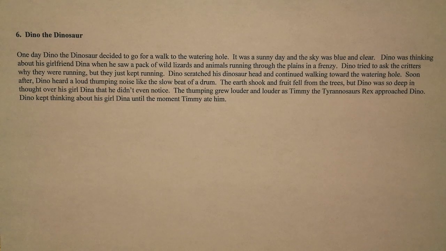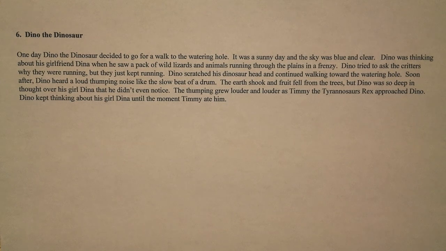Soon after, Dino heard a loud thumping noise like the slow beat of a drum. The earth shook and fruit fell from the trees. But Dino was so deep in thought over his girl, Dina, that he didn't even notice. The thumping grew louder and louder as Timmy the Tyrannosaurus Rex approached Dino. Dino kept thinking about his girl Dina until the moment Timmy ate him.